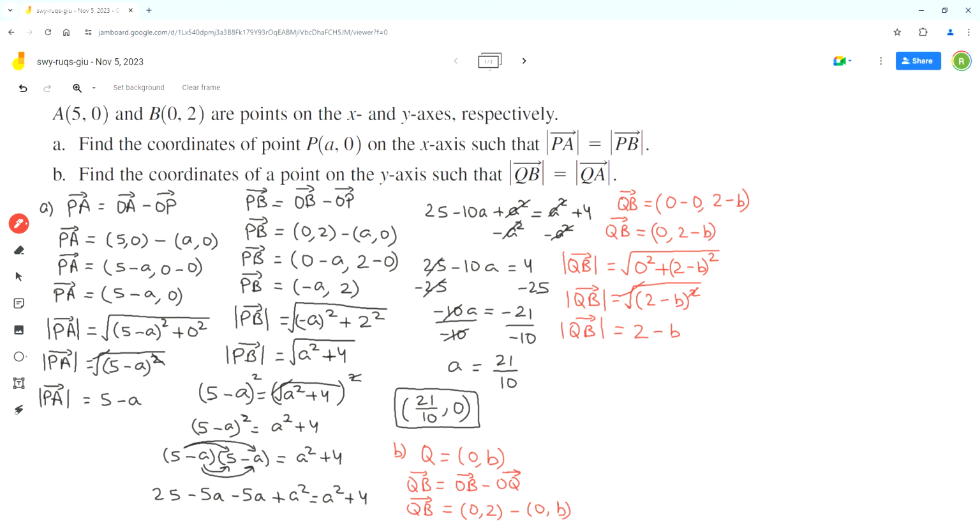Now we can find vector QA and then its magnitude. So we'll break it up into its position vectors. So for position vector OA, I use point A. Now we can subtract the vectors.